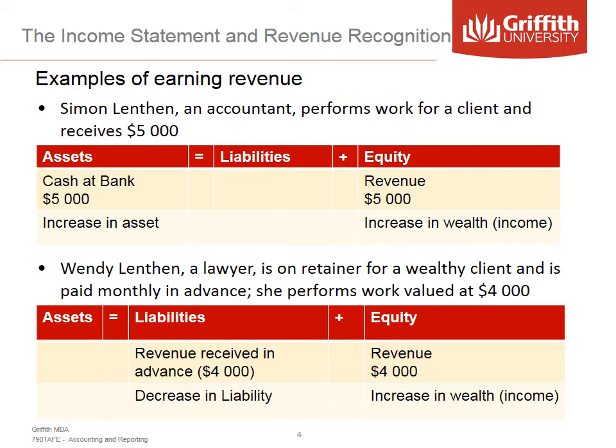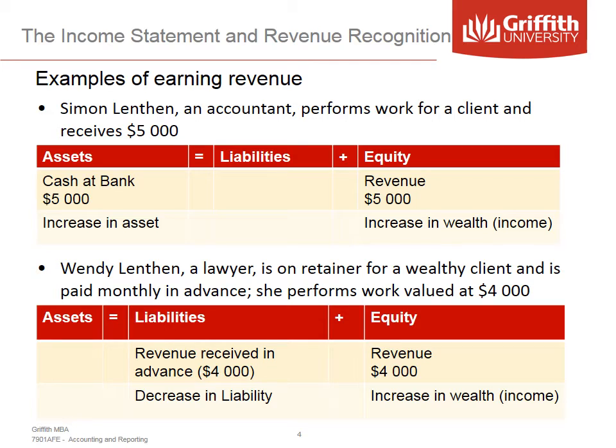What we increase is revenue. So revenue is earned, and revenue is part of the calculation of profit, and therefore it's part of the measure of wealth. And so by earning that revenue, equity goes up and wealth goes up. And that wealth increase is mirrored by the increase in the asset cash.